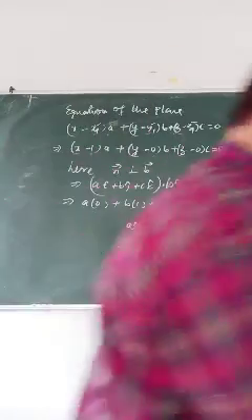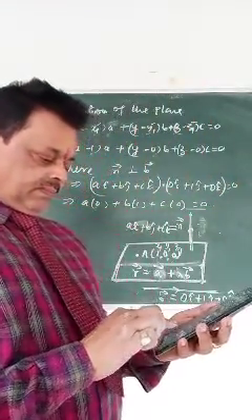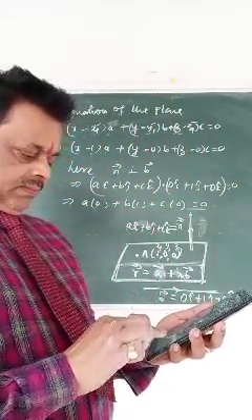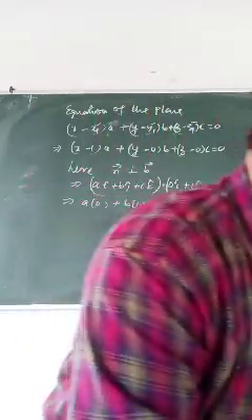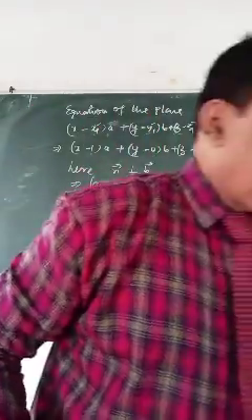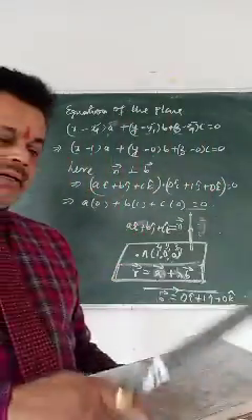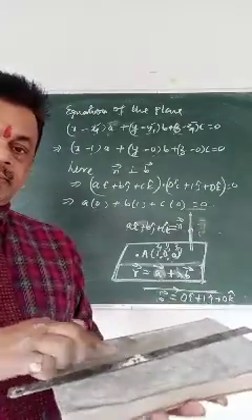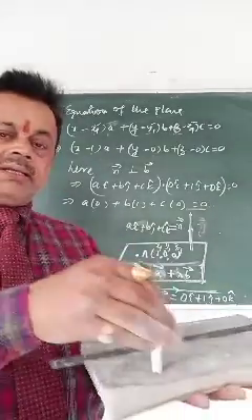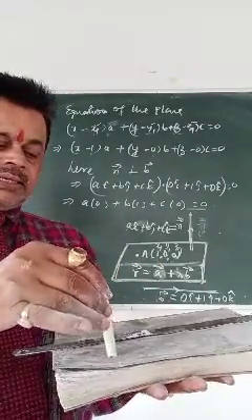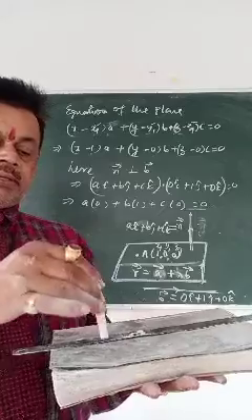Parallel or perpendicular: the plane contains the line. Obviously, the plane has a line here, it contains the line, then the plane normal is this. So obviously there is a relation, they are perpendicular here.